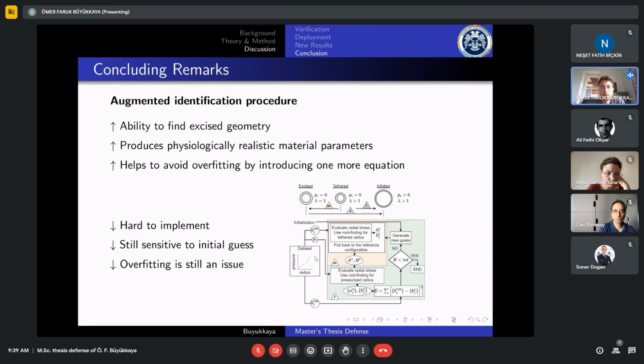And it helps to avoid overfitting by introducing one more equation for finding the excised radii. However, it is very hard to implement, and it is still sensitive to the initial guess for all hyperelastic formulations. And overfitting has not disappeared; it is still an issue.